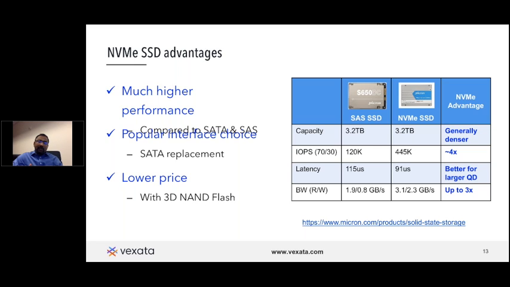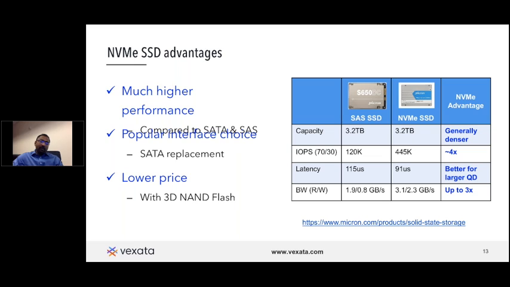The reason for this is that NVMe has much more queues, it has 64,000 queues and much wider interfaces and so on, that enable the flash chips to be accessed at a much faster rate for both reads and writes compared to SAS SSDs. Perhaps the most important feature of the NVMe drive is the latency characteristics.